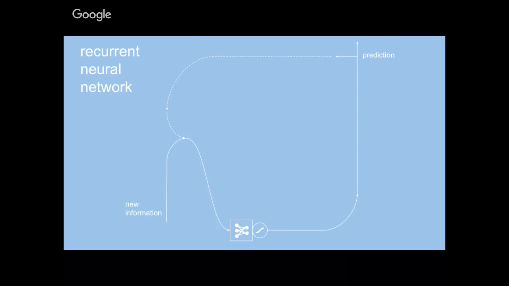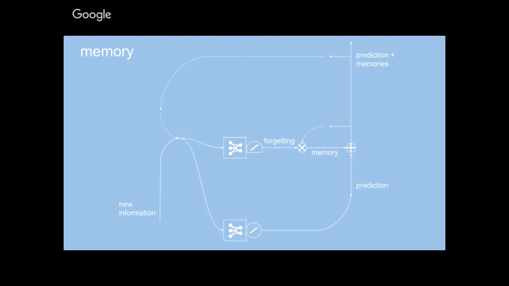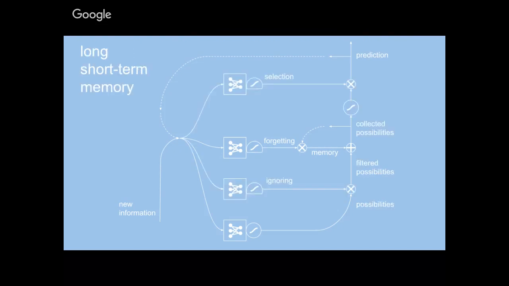That's essentially what a forget gate does: it chooses which of the words you have to forget. And there are some other gates which I'll show examples of. In an ignoring gate, it chooses which of the words.